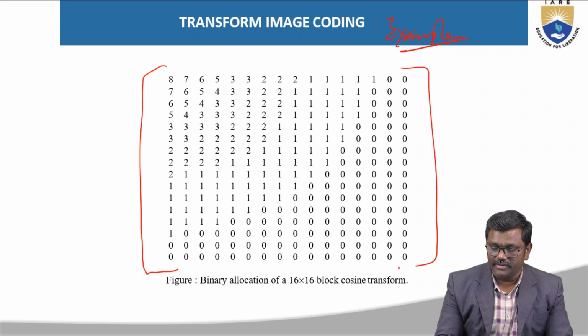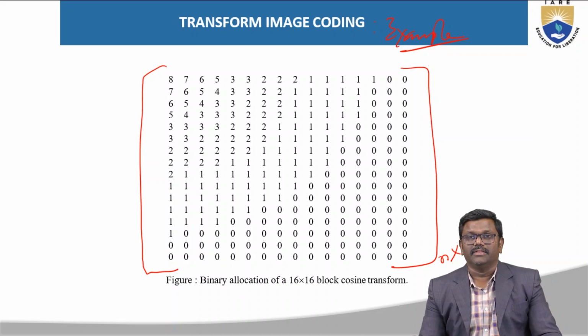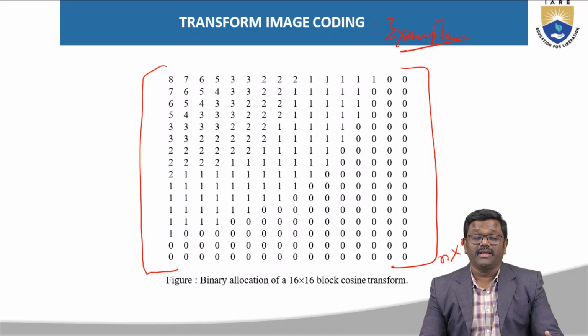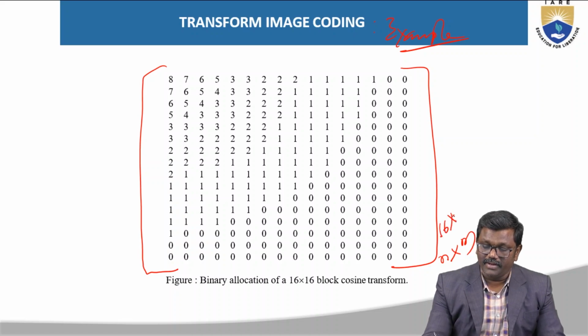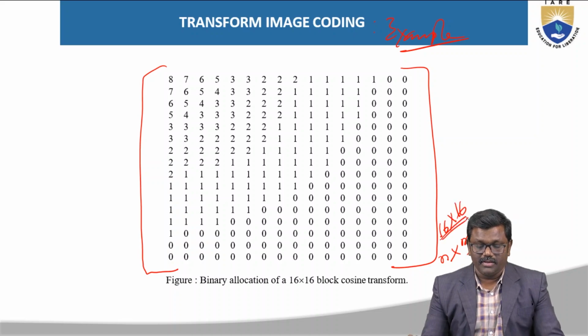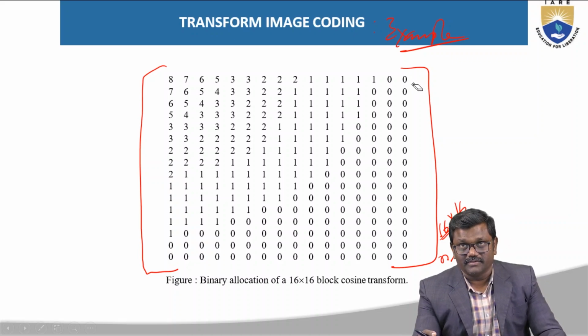This is an image content which we write in terms of n by m values. Consider the binary allocation of a 16 by 16 block cosine transformation, that is, 16 by 16 coefficients. We have 16 rows and 16 columns.